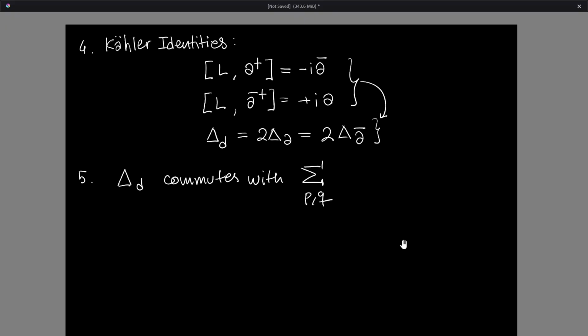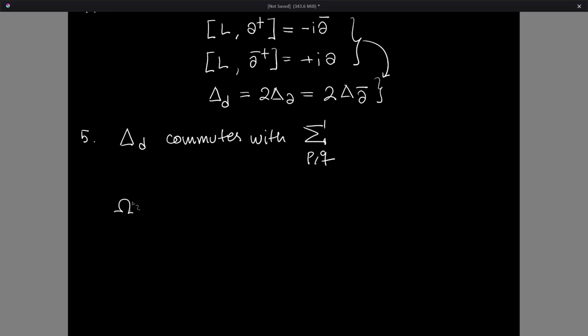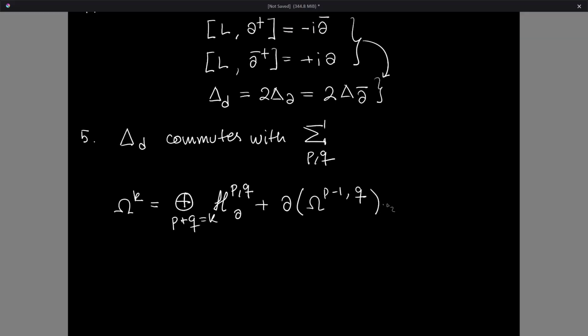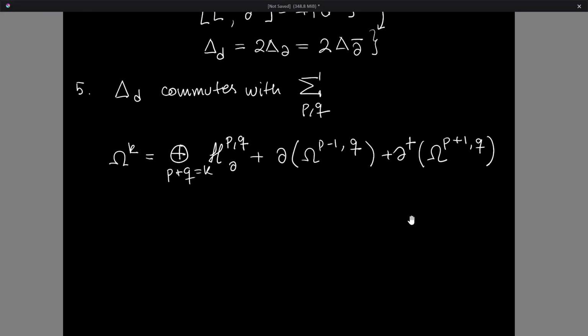And so we got that Omega K is equal to a sum over P plus Q equals K of H PQ plus partial of Omega P minus 1 Q plus partial dagger of Omega P plus 1 Q. And there was a similar one with partial bar.